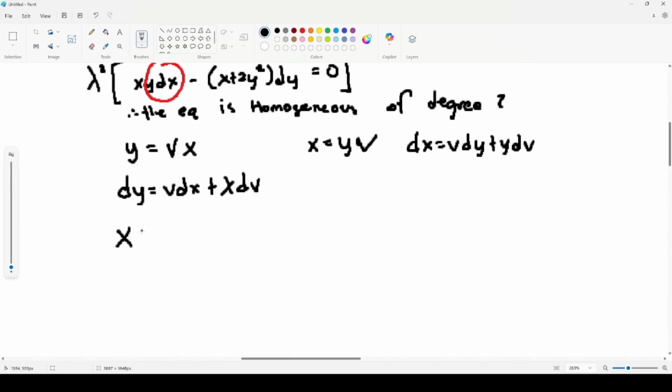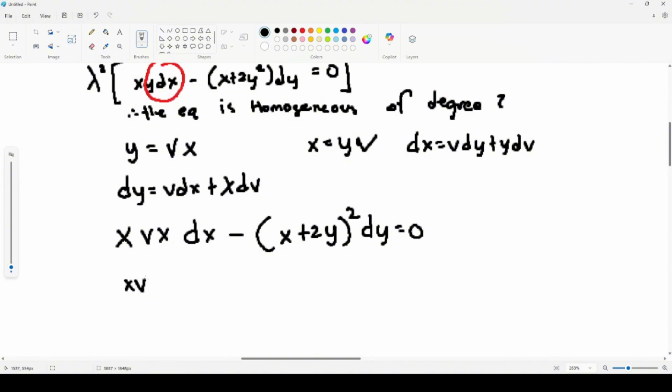Okay, so substitute y equals vx: xy dx minus (x plus 2y) squared dy equals 0. Let's expand, because I didn't expand first: minus (x squared plus 4xy plus 4y squared) dy equals 0.